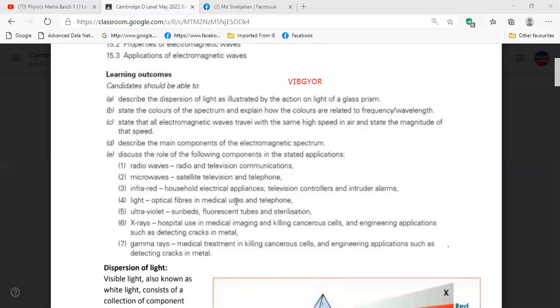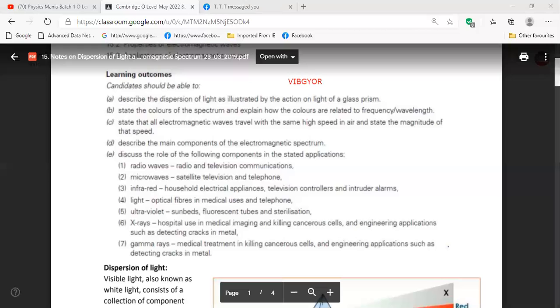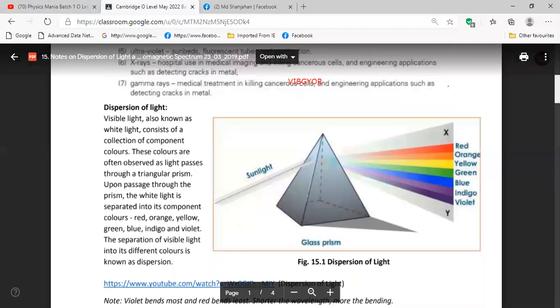Now, dispersion of light, the one I asked you, and I already told you what is dispersion. It's a splitting of light.